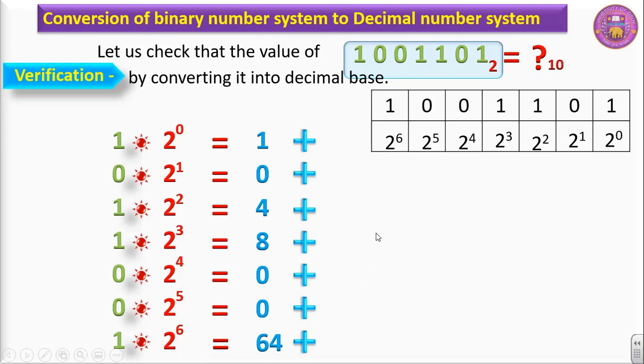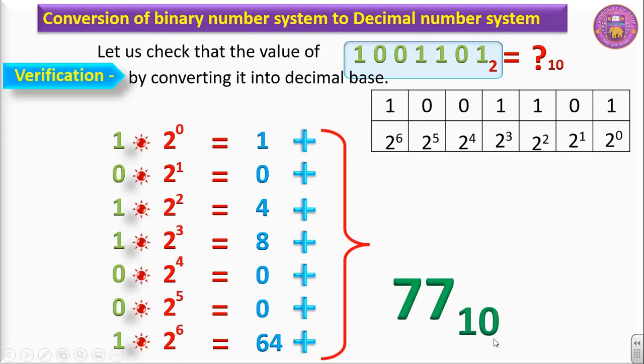Once we add up these values, then this comes to 77 and the base is 10. So if we convert this binary number, we get the value 77 in decimal number system. We converted decimal number to binary and then again binary to decimal number. And we find that our answer is absolutely correct.